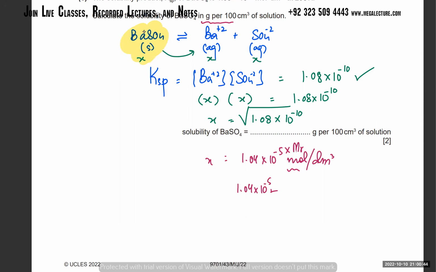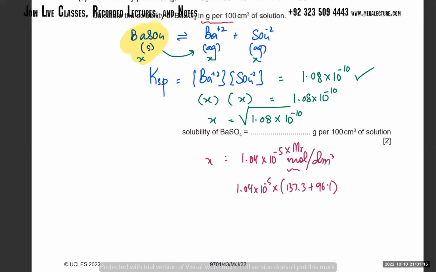So can you figure out what the Mr is? It's 137.3. SO4 is 96.1 actually. Sir, they multiplied it by 233.4 over 10. Yeah, I'll come to 10.